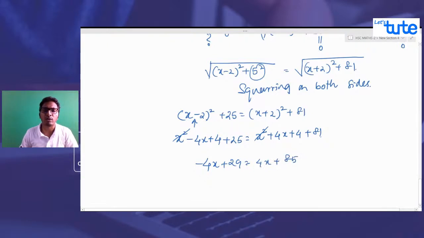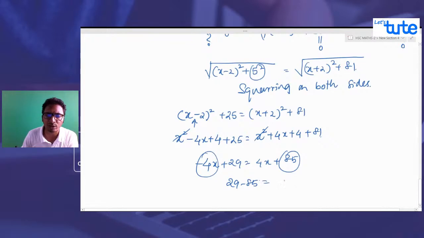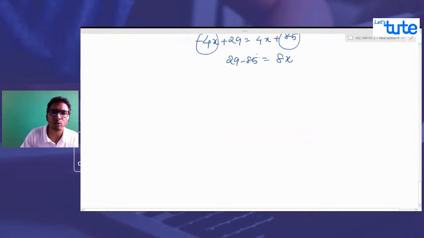Okay, now let us shift the values. Let's shift 85 to the left hand side, so it will be 29 minus 85. Let's shift negative 4x to the right hand side, so it should be 4x plus 4x, it should be 8x. And now 29 minus 85 is basically how much? It is 56, negative.